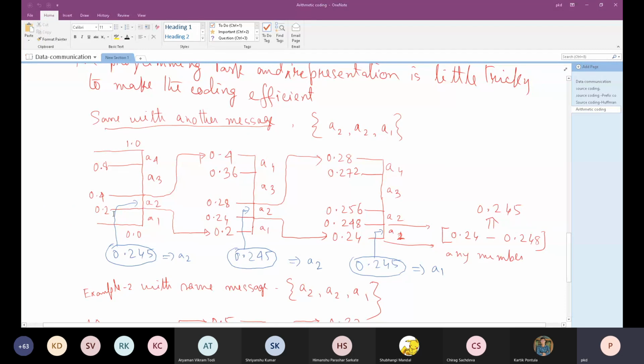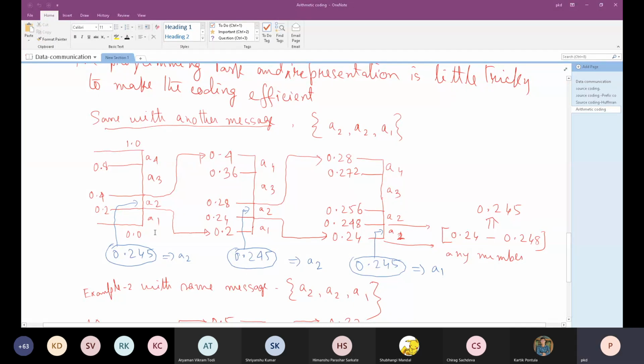One is with the same probability table, or the interval table we can say, because arithmetic coding by definition depends not specifically on probability, though probability can be one of the means to create intervals, but it will work for any interval.